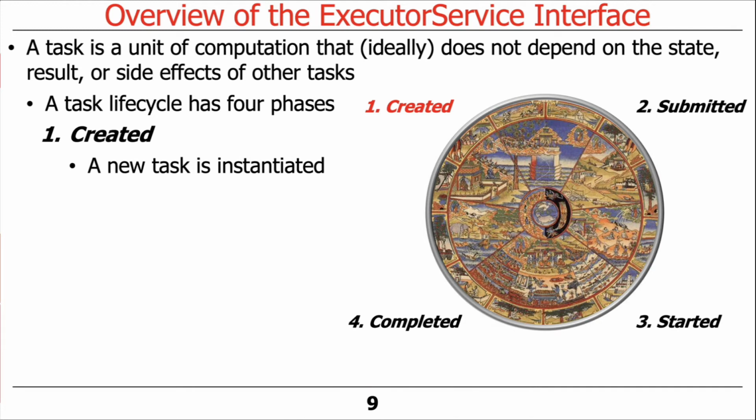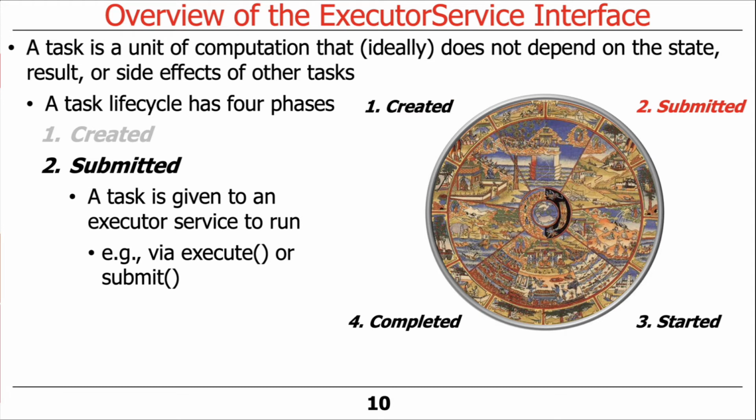In the creation phase, a new task is instantiated. You make an instance of something that's a runnable or a callable. You then submit it using execute or submit, which are the methods for adding callables or runnables to the queue of things to process.